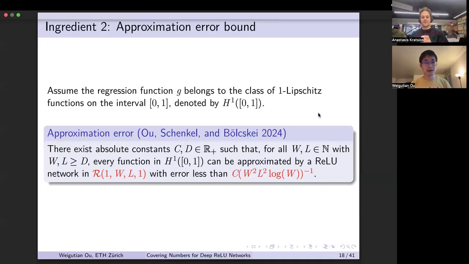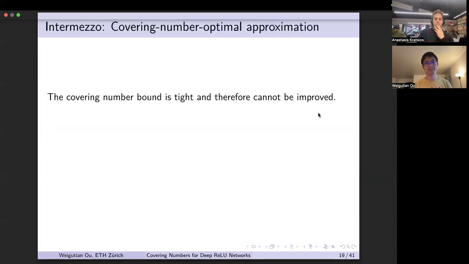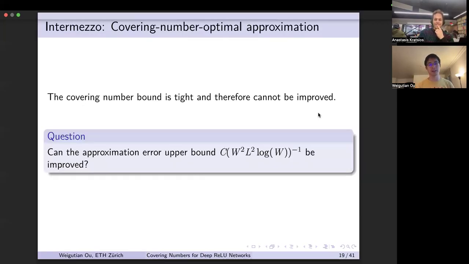And yeah, this is our error upper bound. Before we proceed to put these two ingredients together, let's ask whether these two ingredients are the best we can get. The covering number bound is tight, so we couldn't do it better. But how about the approximation error bound? Indeed, we can also use a complexity argument to show that this upper bound is optimal.